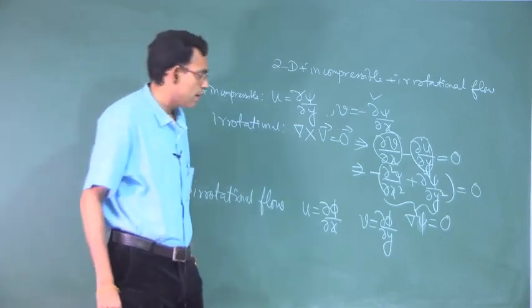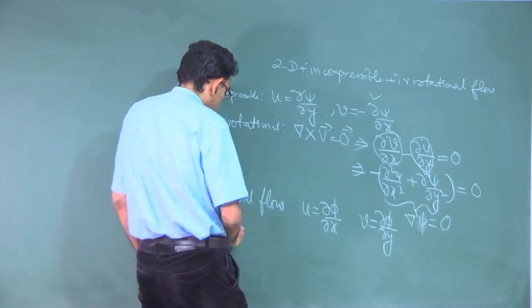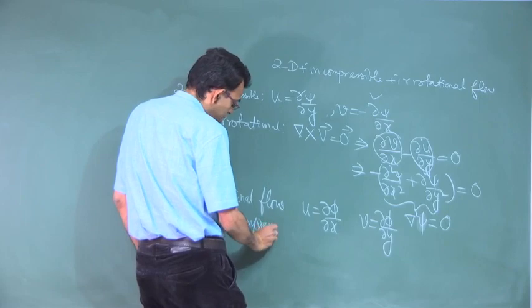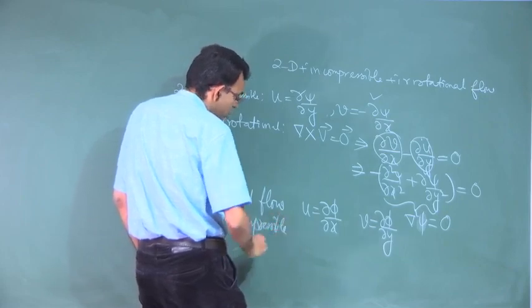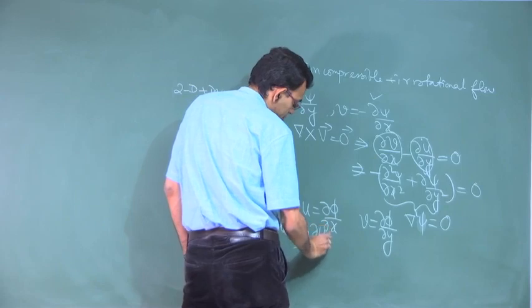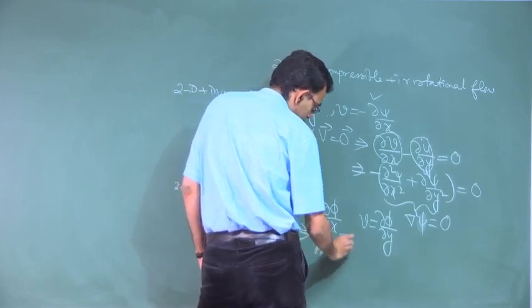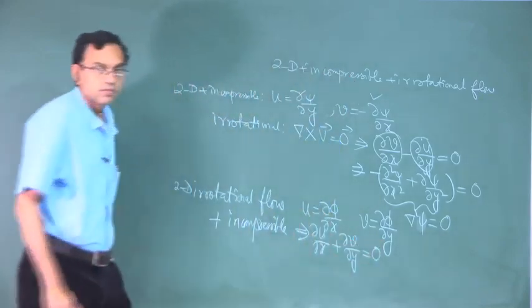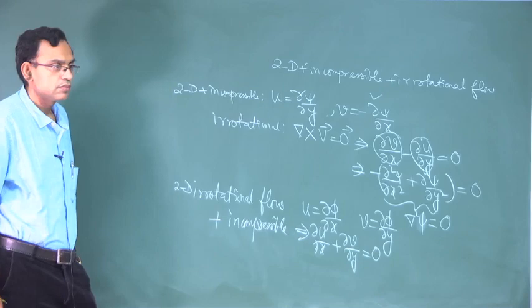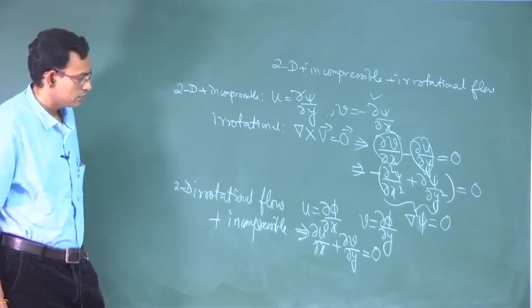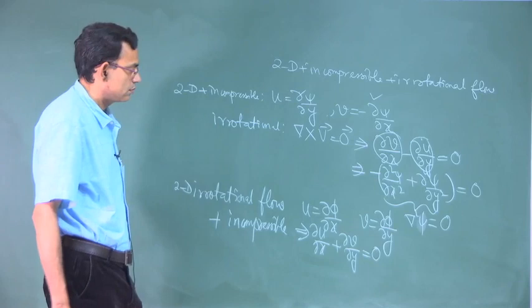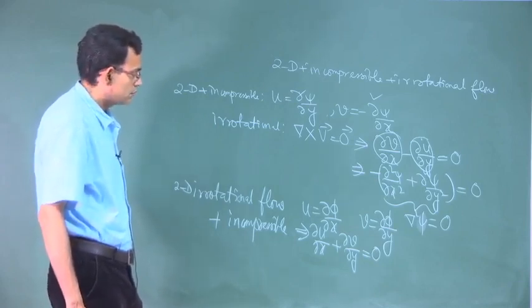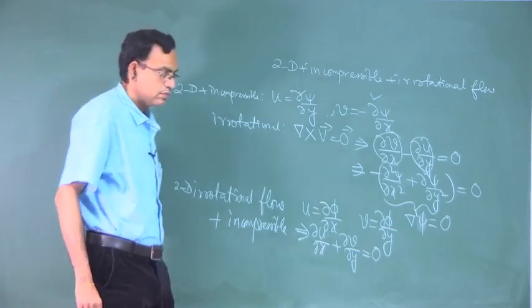Okay. So, for incompressible two dimensional and irrotational flow, if you add incompressible, okay.